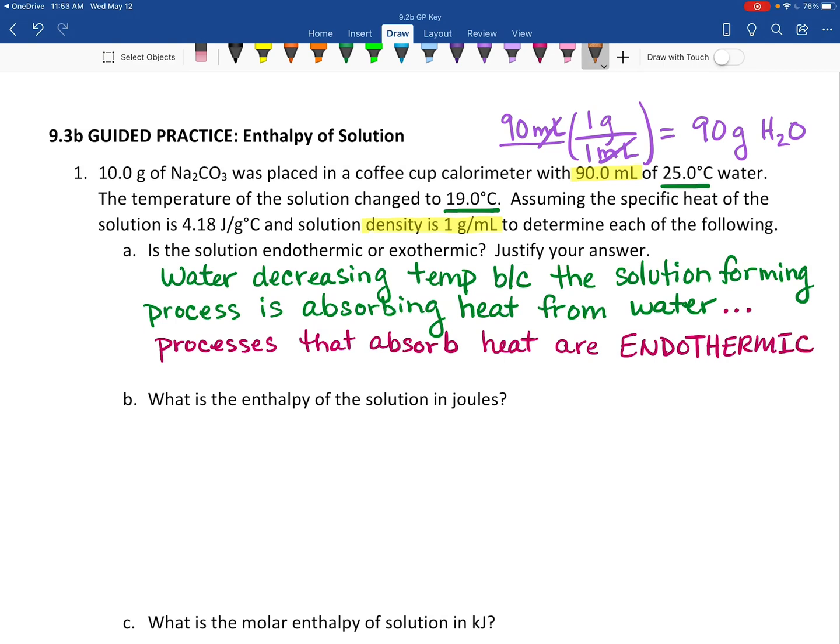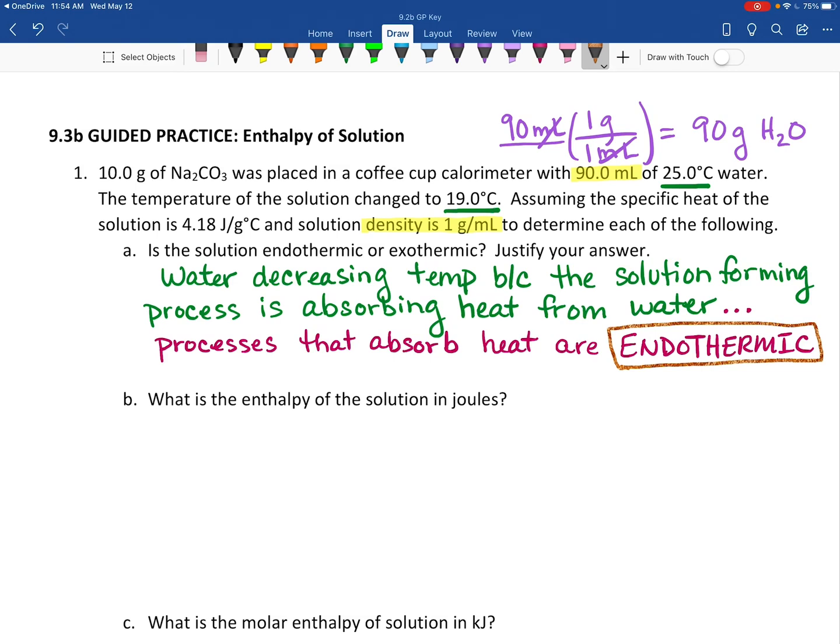That's always something we have to be careful with, thinking about the fact that the water is the nearest surroundings and the process is exchanging heat with that water, even as a solution is forming. Even though the water is part of the solution, the formation process is endothermic in this case.